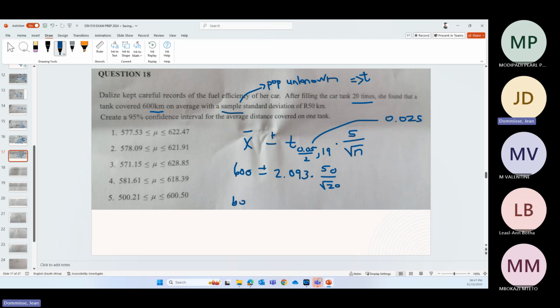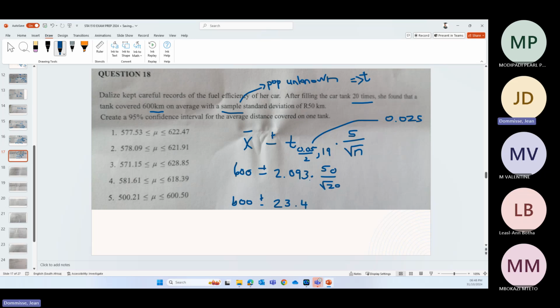So 600 plus minus 50 divided by the square root of 20. That is 11.18. I hope that is correct. Times 2.093, I get 600 plus minus 23.4.